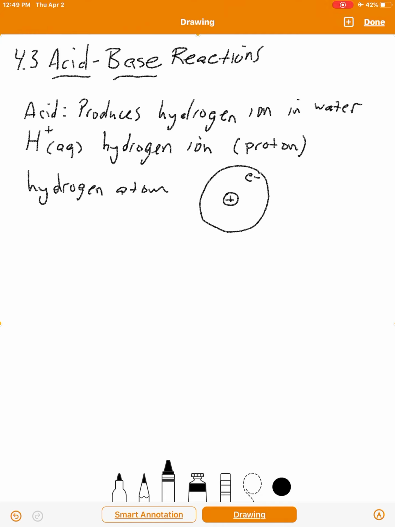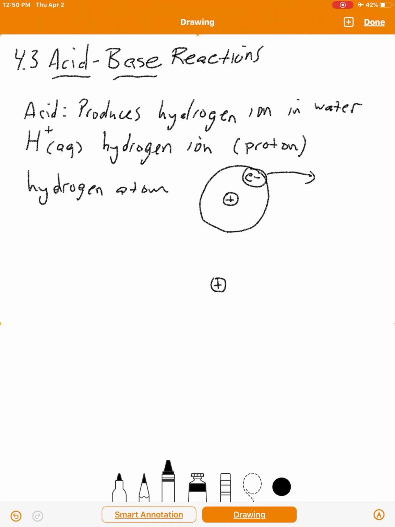So that's a hydrogen atom. Well, what is a hydrogen ion? The hydrogen ion is H+, which means essentially you take the electron off of the atom. And so now what are you left with? You're left with just a proton. So the hydrogen ion is actually just the nucleus of a hydrogen atom. It's a proton. Okay, so that's why it's called that.